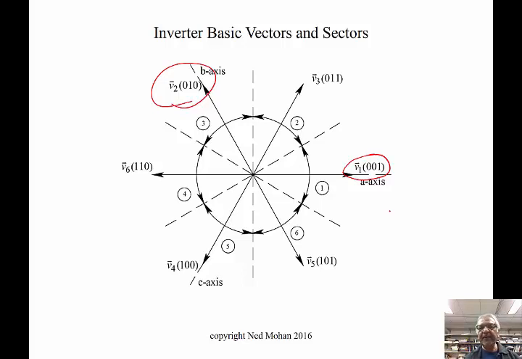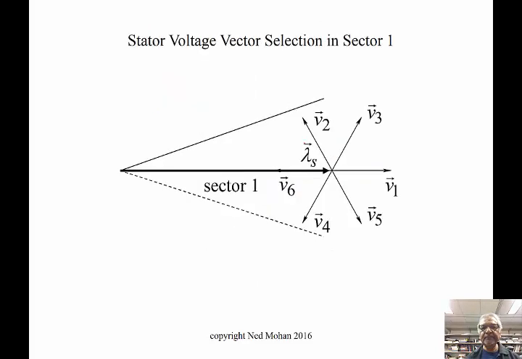We divide them into 6 sectors as shown here. Between this line and this line, we have sector 1, and we can similarly show the other sectors. So here we should think about what voltage space vector we should apply depending upon what we need to do with torque and with stator flux amplitude.